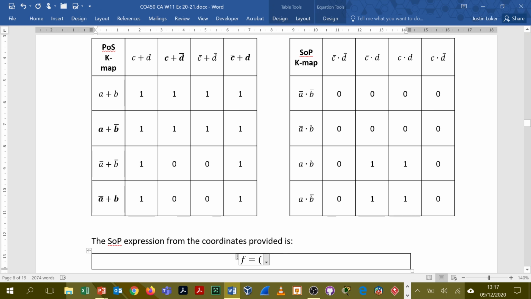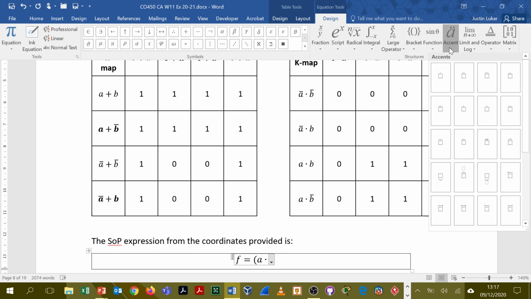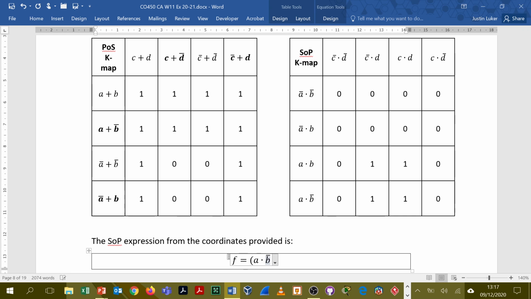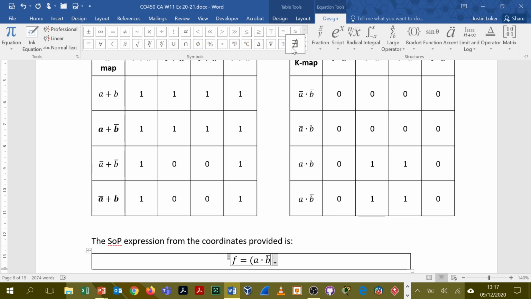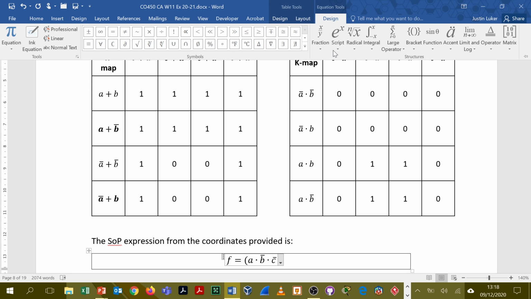So that's A, and, not B, and what's above it? Not C and D. So not C, and D.